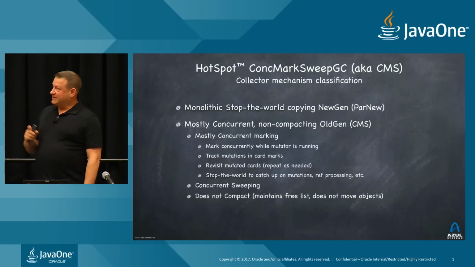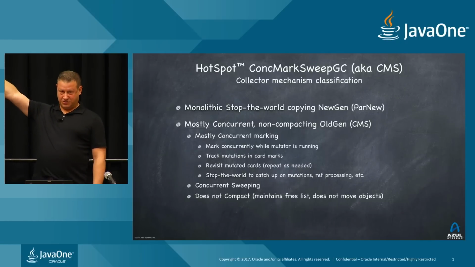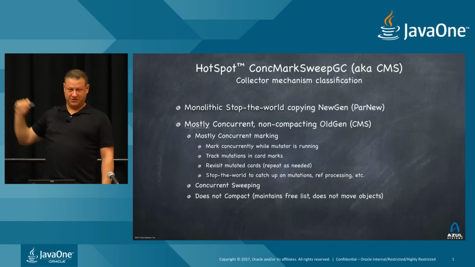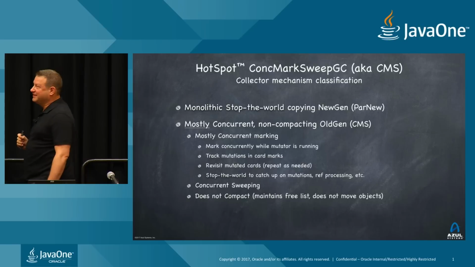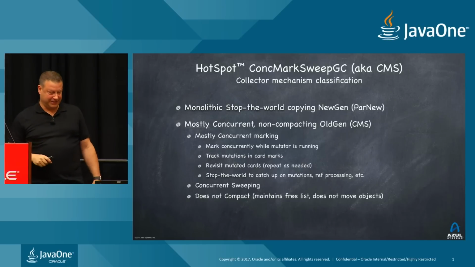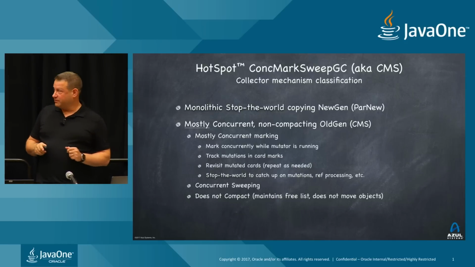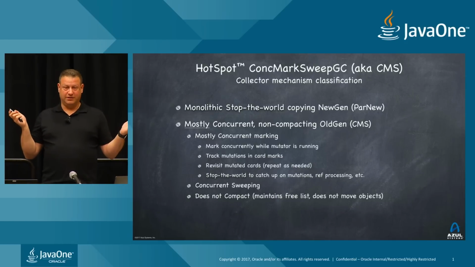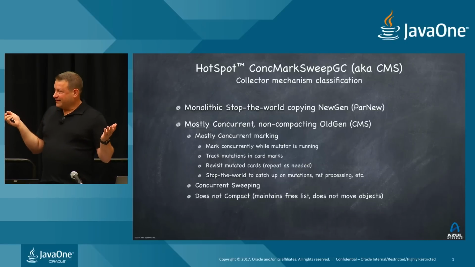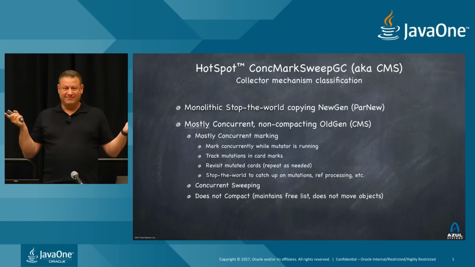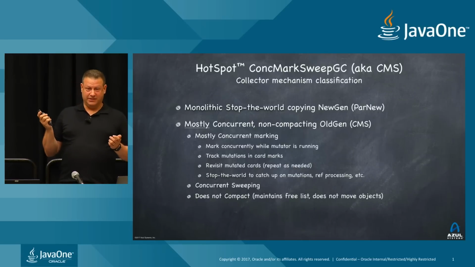The old gen is a mostly concurrent, described so in the academic paper that describes the algorithm, mostly concurrent, non-compacting old gen. It's got this multipass marker that's mostly concurrent. It's got a fully concurrent sweeper, keeps things in free lists. And then it has this doesn't compact part, which is where the mostly comes in.